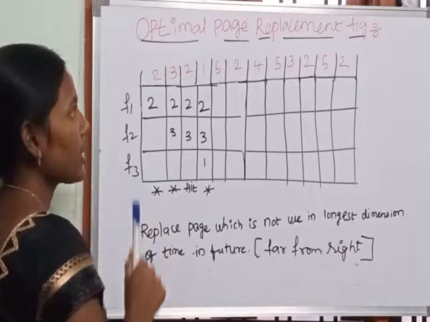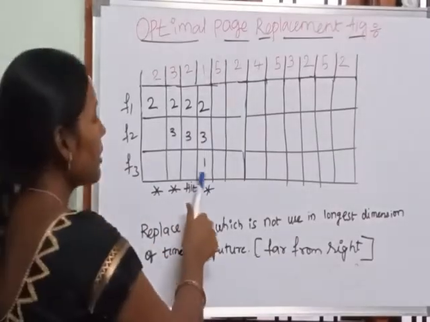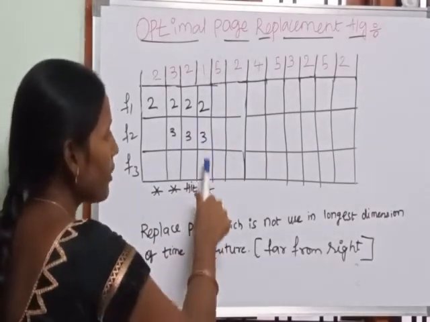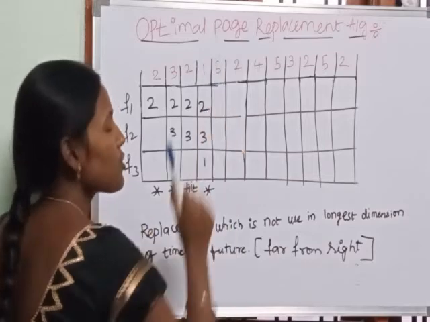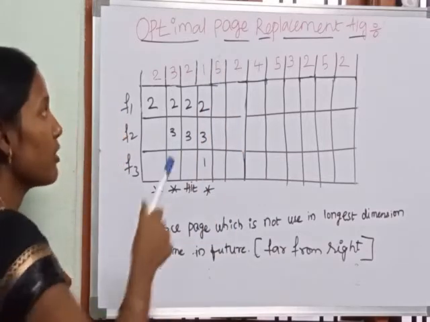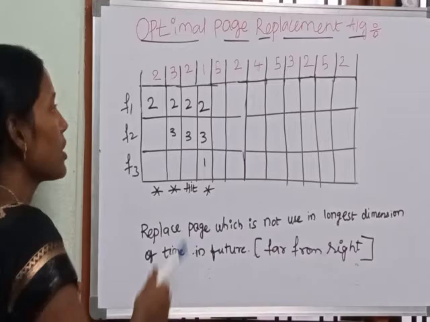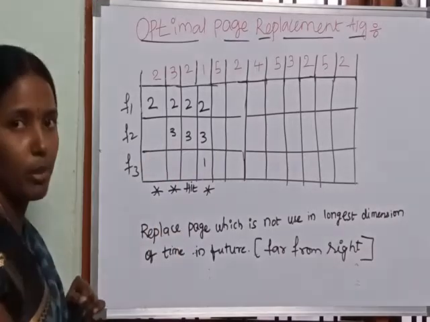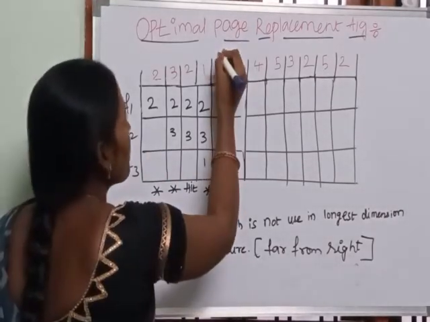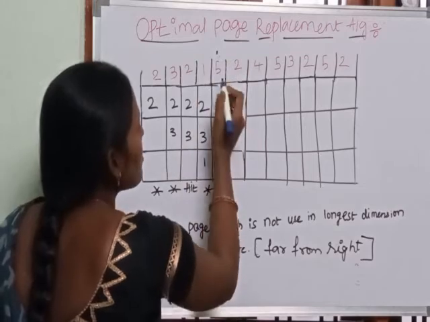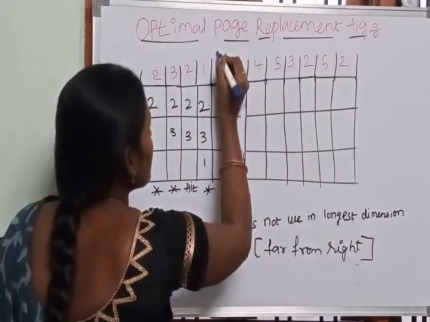Now the turn comes for replacement. Till now free frames were available, so there was no need of replacing. Now 5 has to enter into the frame, so one of the pages must be replaced. From this 5, look over to the right.